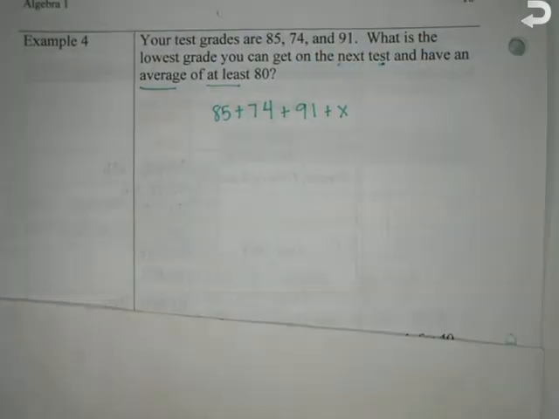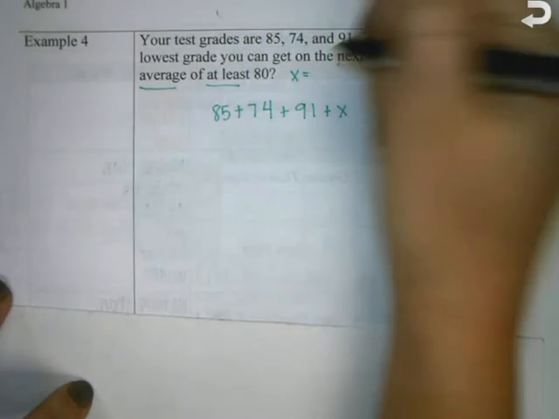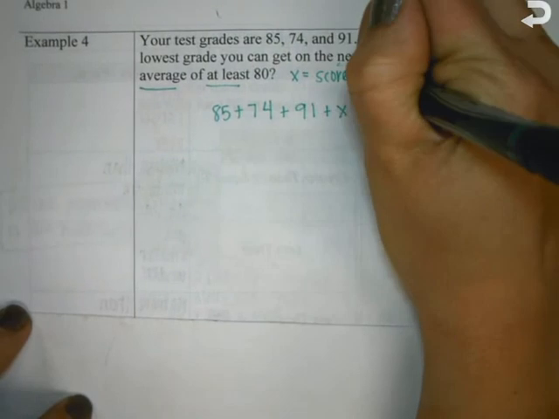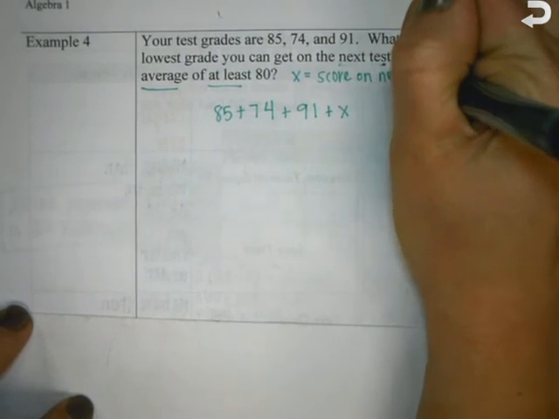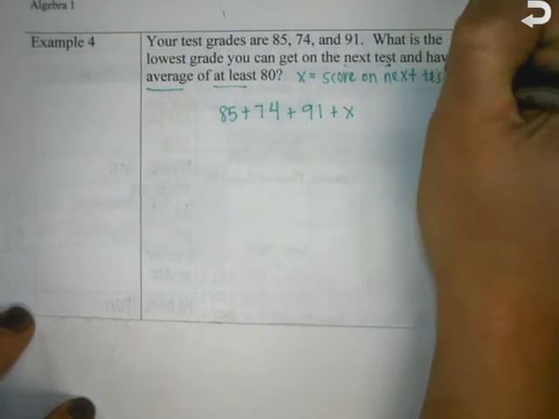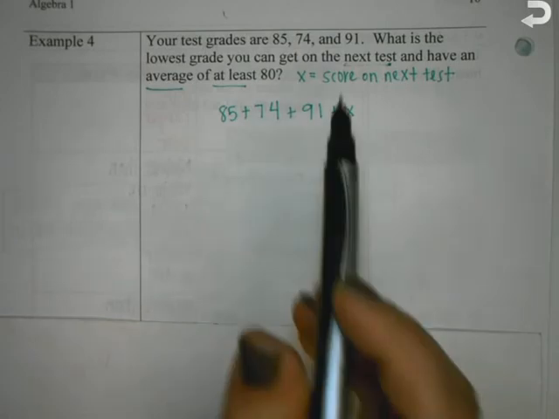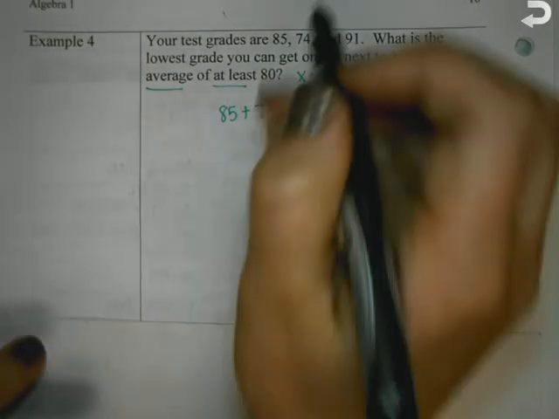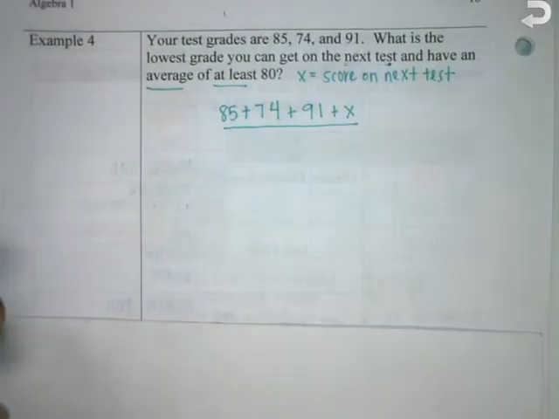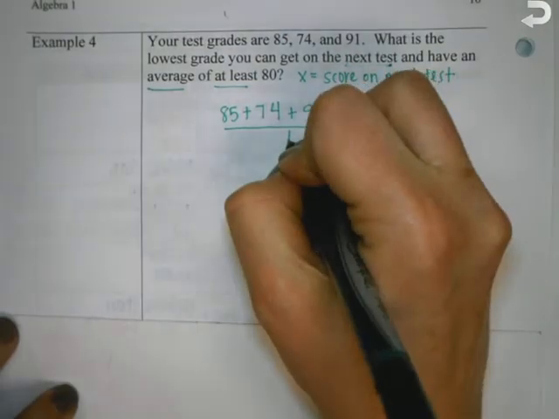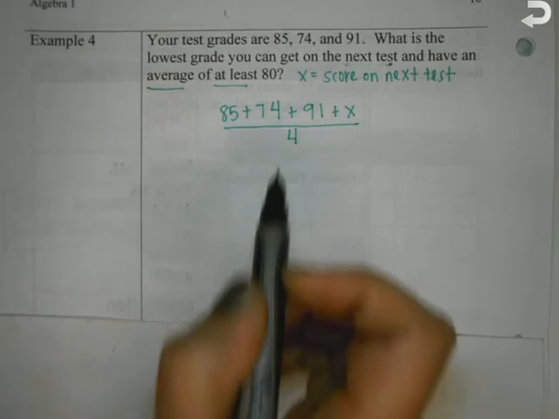So let's define it. x equals score on next test. Because if your mom goes and looks at your notes, she's not going to know what the heck x equals, right? So you have to tell her. Okay, divided by what? Because we're taking average. 4. Divided by 4. Okay, so this is going to give me my test average because we're taking the average of 4 scores.